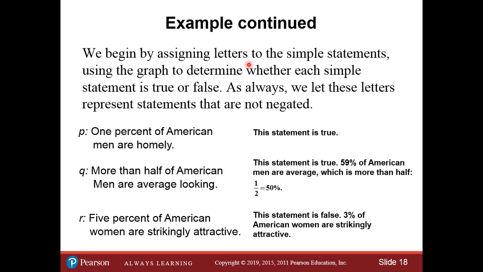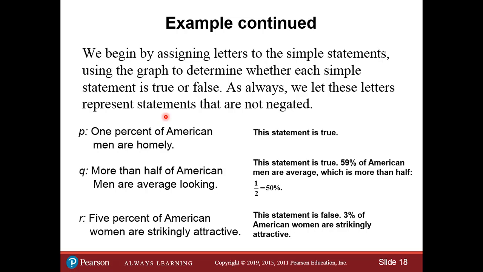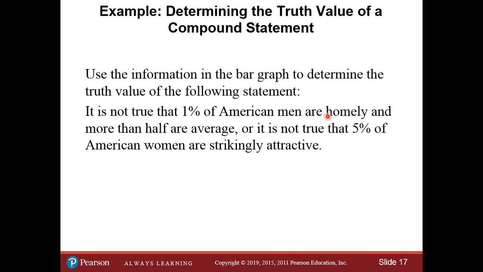Okay, so we assign the letters. Now let's put it together. It says it is not true, so that's going to be not P. And there's an and. Oh, there's a comma right there, so that means that everything before the comma is together.